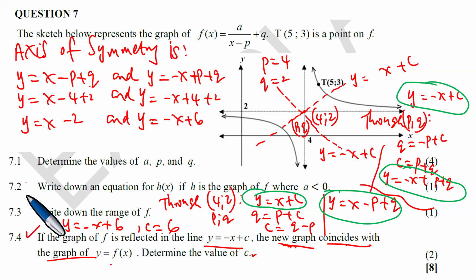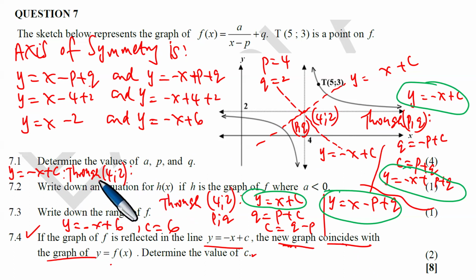But I want to bring to attention things that are very important here. Another student can come to this and say Y is equal to minus X plus 6, and then say the line of symmetry that makes the new graph coincide with the original graph passes through the point of intersection, through 4 and 2.